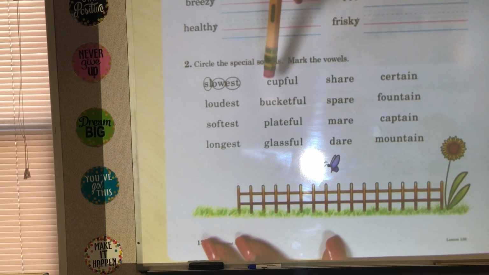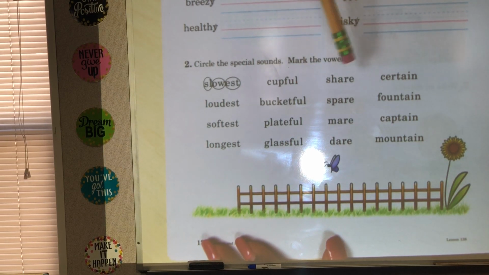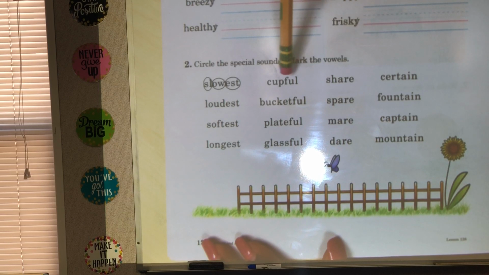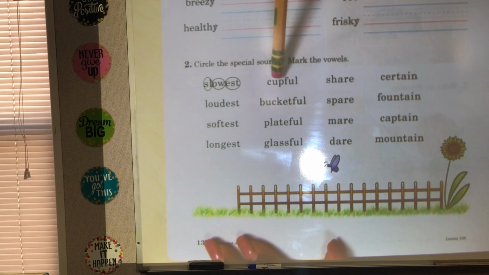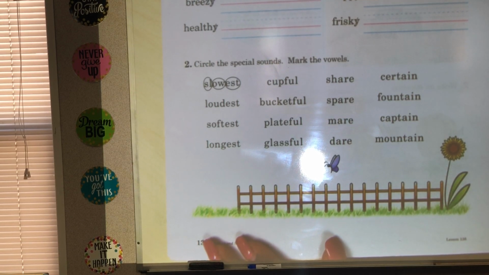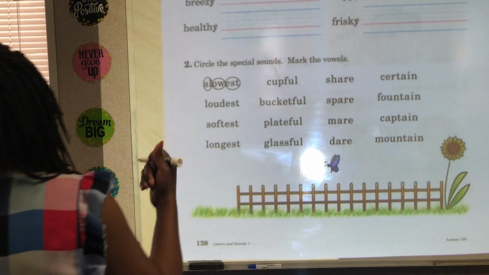But if you take a look at cupful, you have full and beautiful as a special sound, but you have the U. You have to mark the U. Cupful. The U in cupful is a short sound. You mark it with a smile.